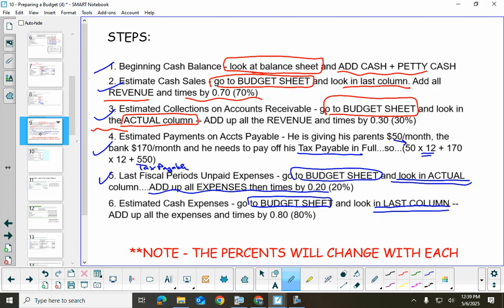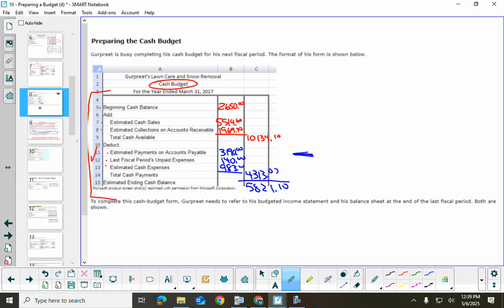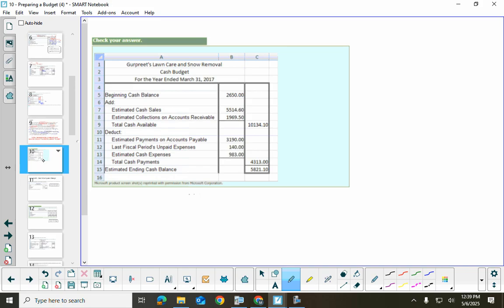The reason the percent changes is what the owner thinks they can afford to pay off, or what the owner thinks his customers will bring in to him. So 5821.10, is that what we got? Yes. So again, first column total, first column total, and then subtract, double underline at the end.